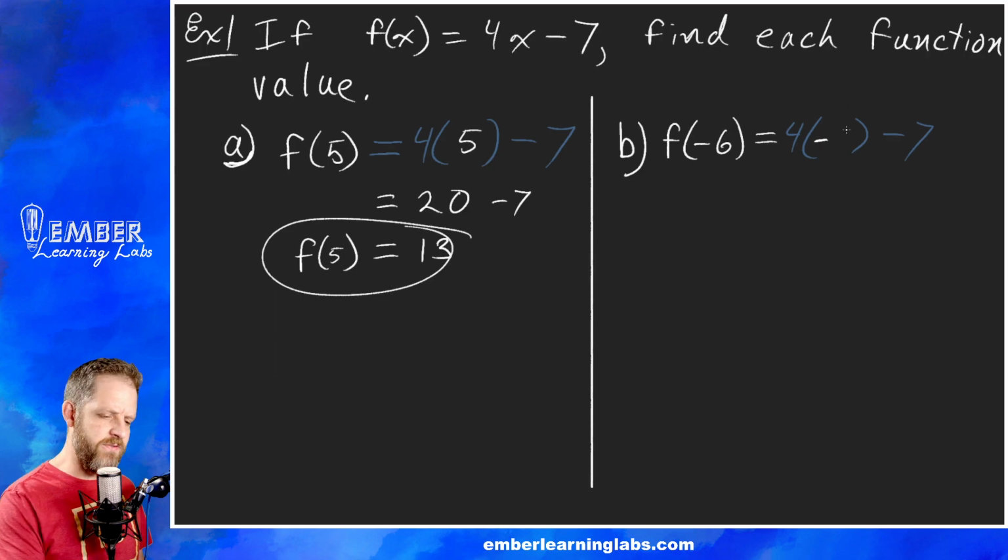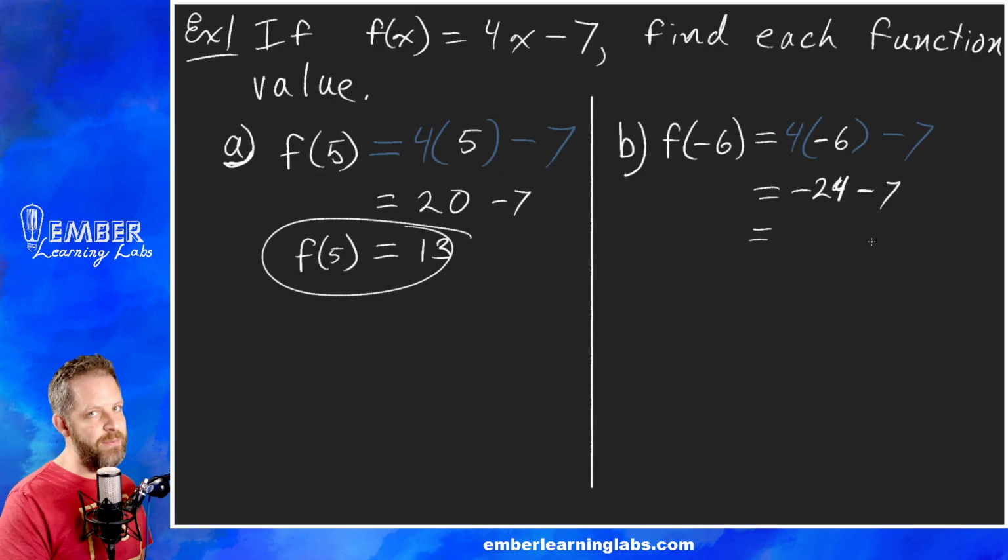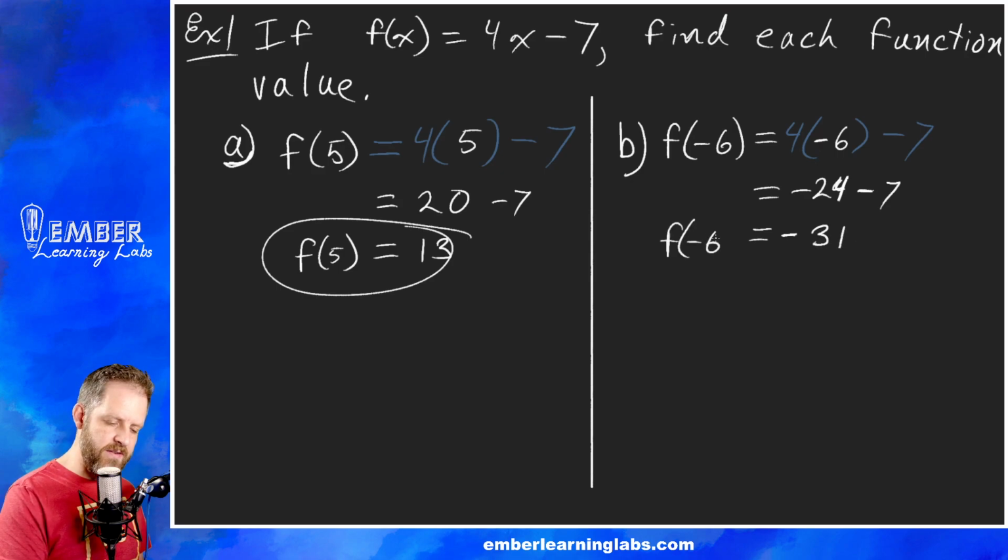So we're finding f when x equals negative 6, right? That might be another way to state or phrase what we're doing here. So this equals negative 24 minus 7. As a last bit, the signs are the same. We add and keep the sign. So this turns into negative 31. So f of negative 6 equals negative 31.